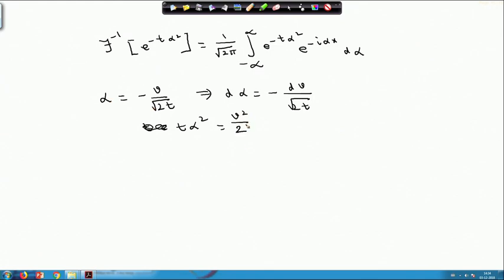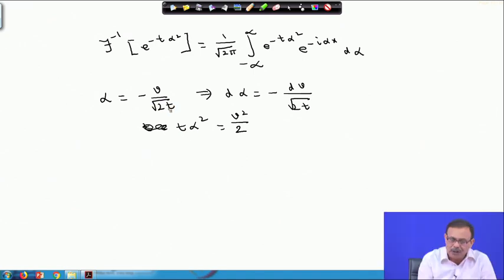So, I am substituting alpha equals minus v by root over 2t, and from here I can write alpha square into t equals v square by 2.